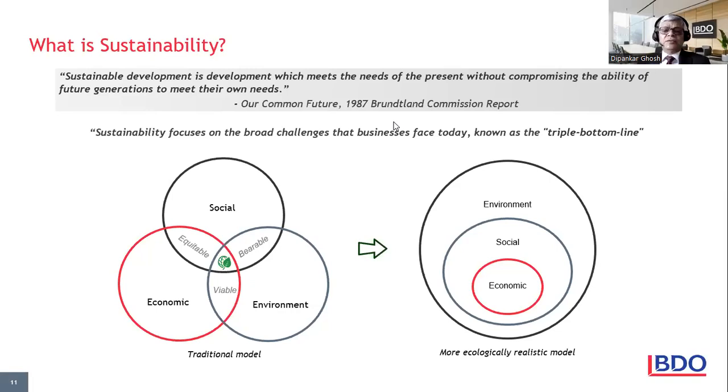But eventually for an organization, it has to be economic benefit, and the organization exists for the purpose of having profit, and that you cannot deny. The organization has to have profit, but how effectively we have the environmental and social actions that support the economic activity is extremely important, and that is the crux of sustainable development as it is defined in modern times.